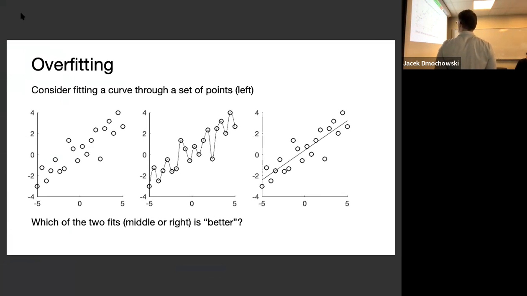So it's a continuous target variable, and you're trying to predict it with the variable shown on the x-axis. In the middle and rightmost panels, you have two candidate models. My question to you is, which of those two models, the middle or the right, is better, and why?